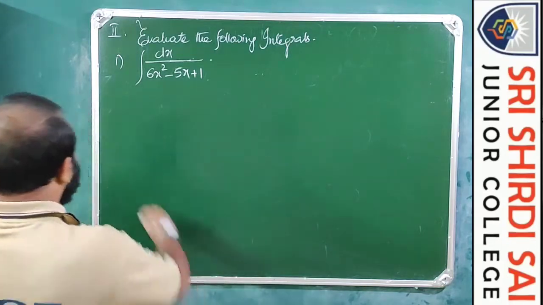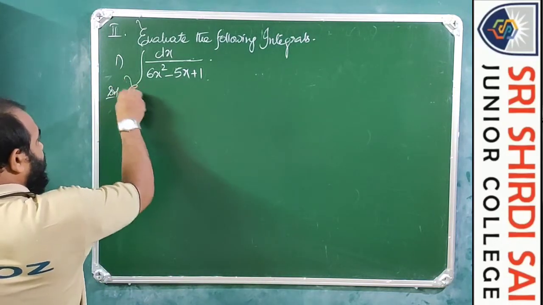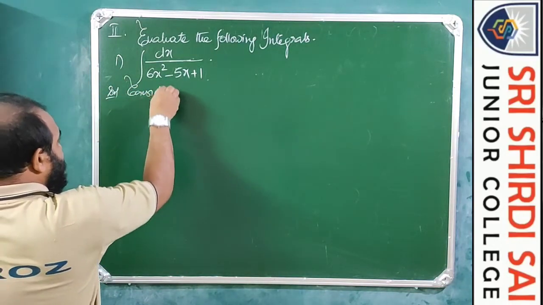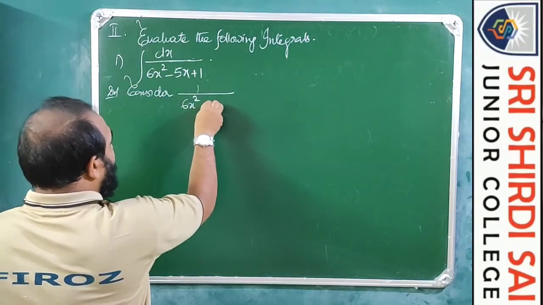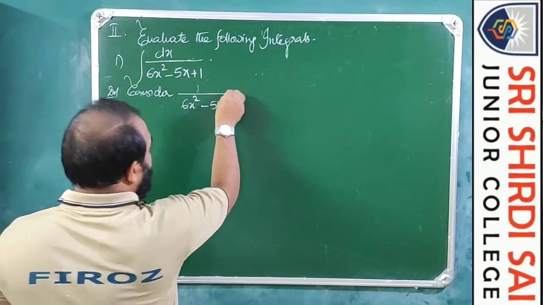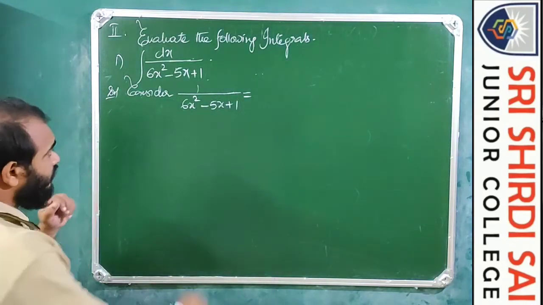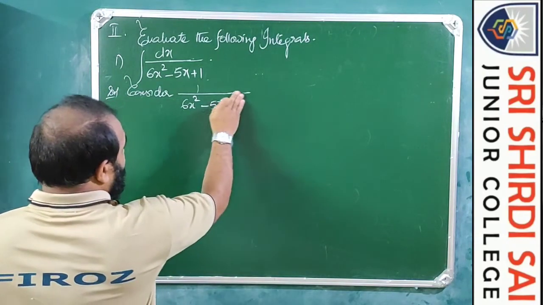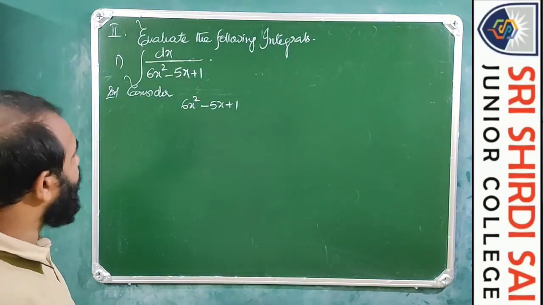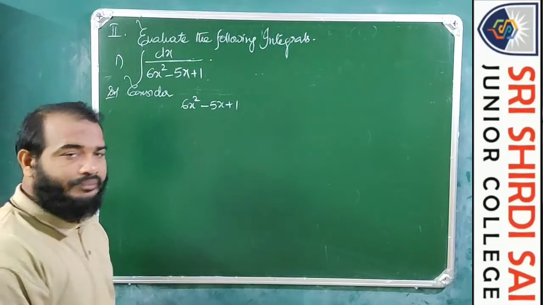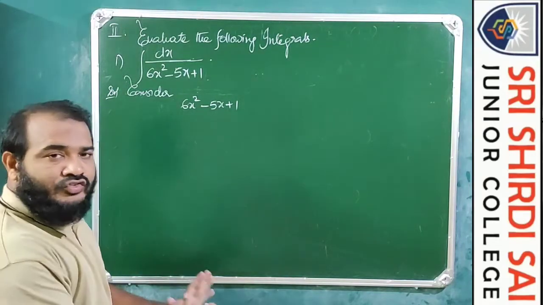Okay. So first of all, consider 1 by 6x square minus 5x plus 1. First consider 6x square minus 5x plus 1. It is a quadratic factor. Which quadratic factor, reducible or irreducible?